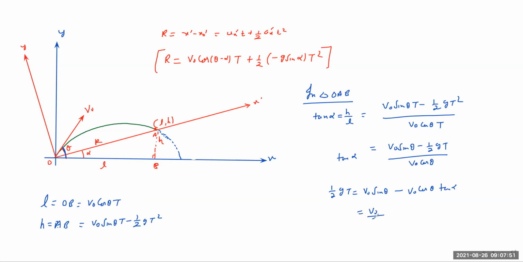This will become v naught by cos alpha, and I can directly write sine theta cos alpha minus cos theta sin alpha, and we know how to do this. So it turns out to be 2 v naught by cos alpha into, and this is what? This is sine theta minus alpha. Now eventually the same answer.